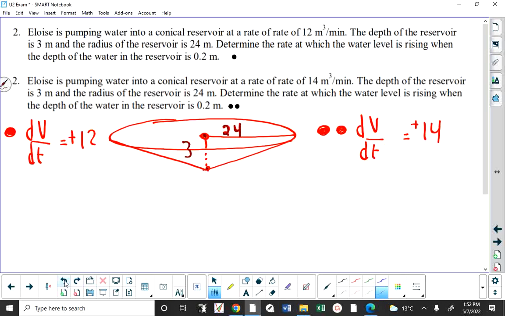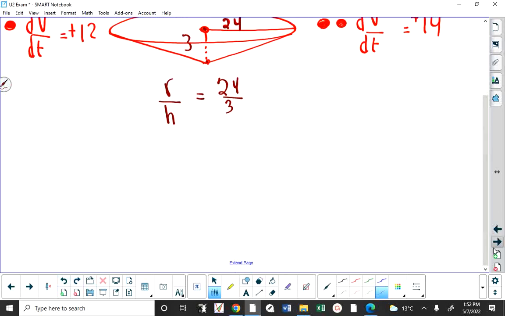In other words, the radius of the water over the depth of the water, and I'm going to use h for depth, has to be equal to 24 over 3, and we can simplify that a little bit and say that the radius over the height is equal to 8.